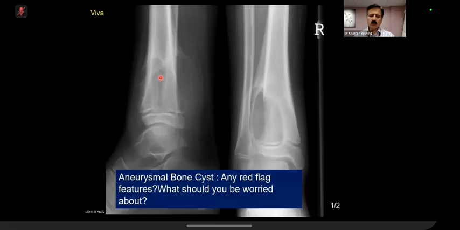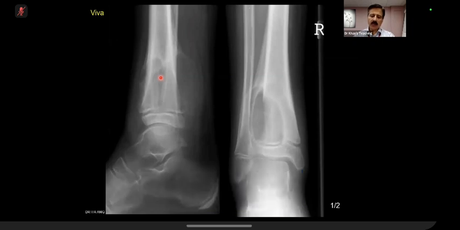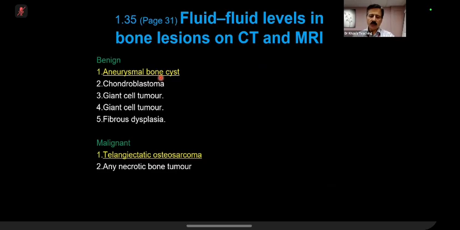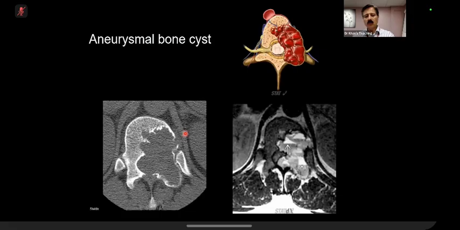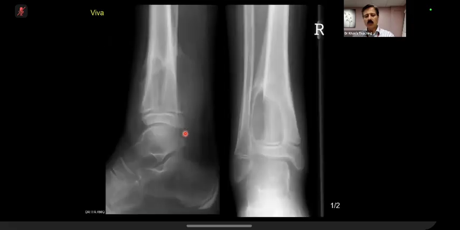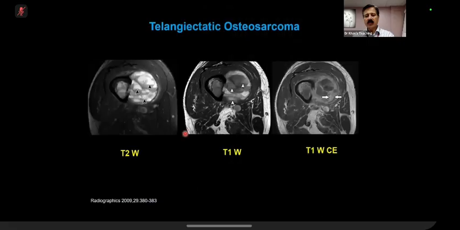Aneurysmal bone cyst versus telangiectatic osteosarcoma, you have to worry about this thing. So you go back to this differential. There are benign lesions which have got fluid levels, and a telangiectatic osteosarcoma can also have fluid levels.